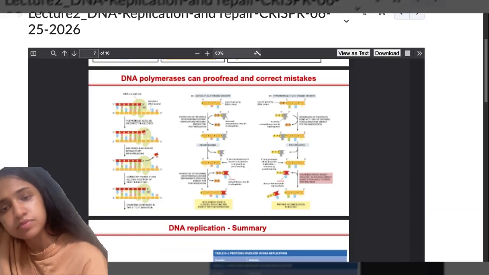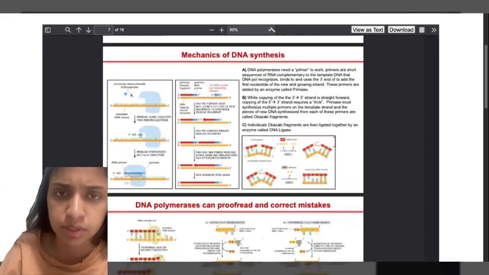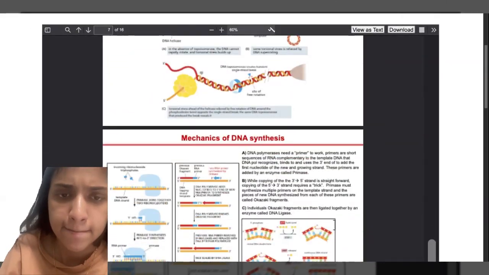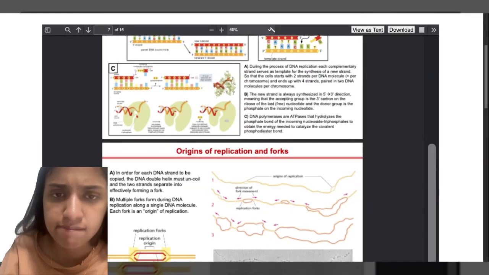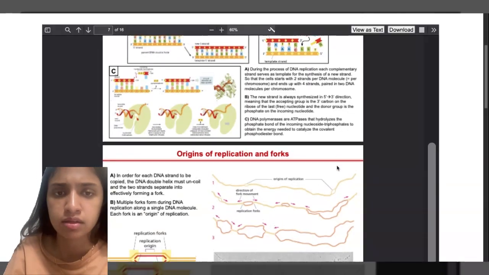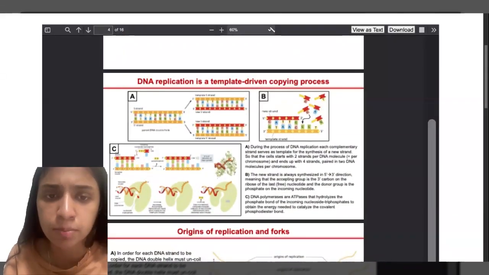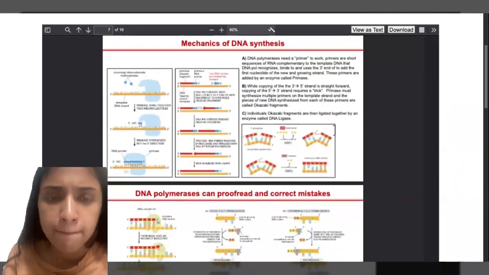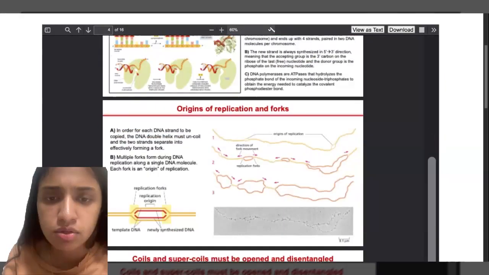And that was after the topoisomerase, I believe, right? Like here, yeah. No, I mixed it with the... No, it is definitely topo. Is it though?